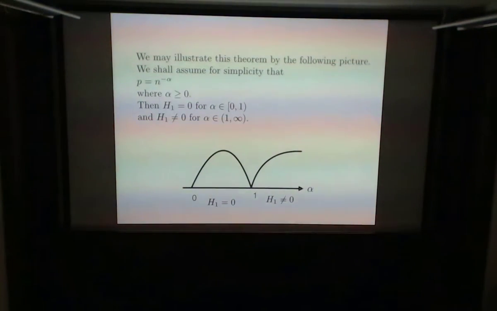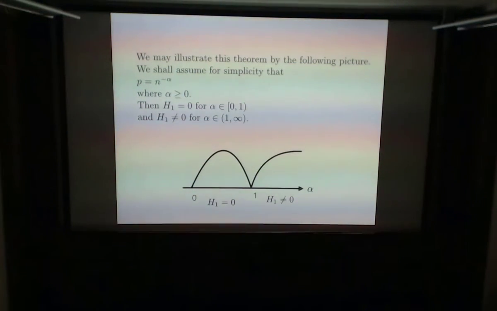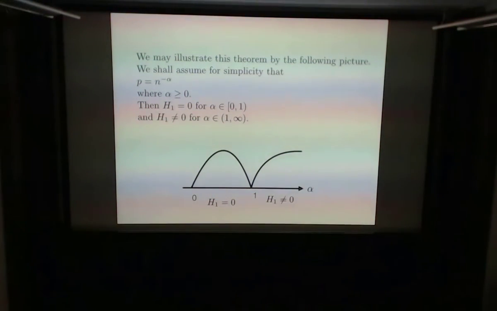For this talk, it will be convenient to assume that p, the probability parameter, has this form n to power minus alpha, where alpha is a constant real number. So then we can rephrase the theorem as follows. If alpha is greater than 1, then H1 is non-zero.